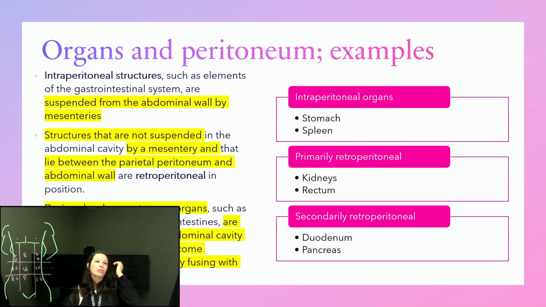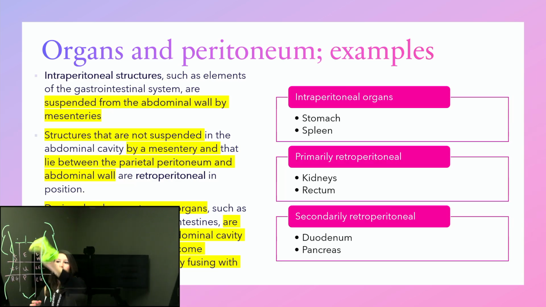Now, earlier I told you about how your organs and the peritoneum have a relationship, right? The way in which the peritoneum is being folded, because essentially this is all that there is. The peritoneum is being folded, and because of those foldings, some of these organs are going to be fully protected by the peritoneum. And in other cases, some of these organs are going to be only partially protected.